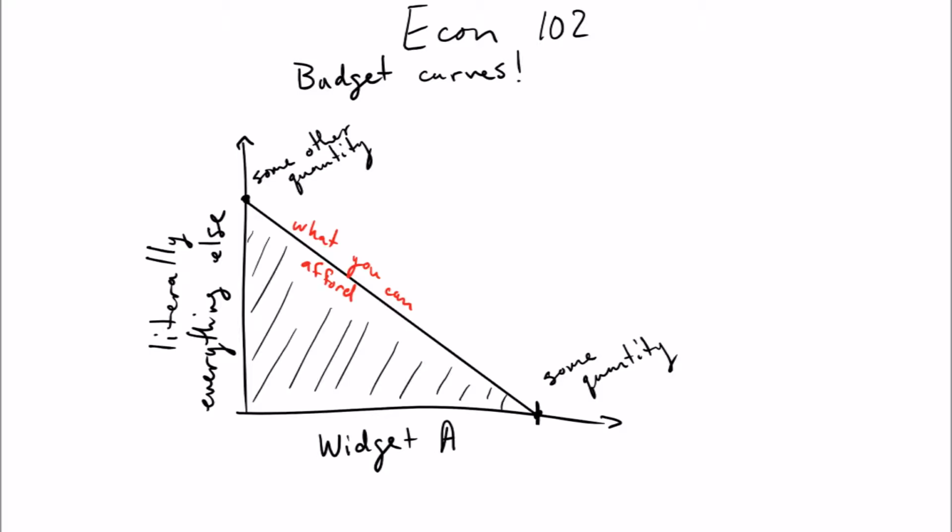If you spent all of your money on widget A only, you would end up with some quantity of widget A. And if you spent fewer resources obtaining widget A, you would have more of literally everything else. There's a line or a curve that goes between those two points, and that is your budget curve. That is what you are able to afford. So you're able to afford some quantity of widget A and some quantity of literally everything else.